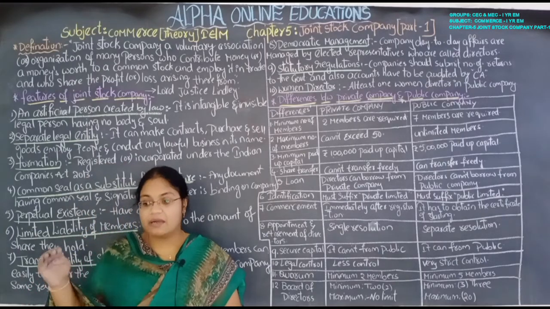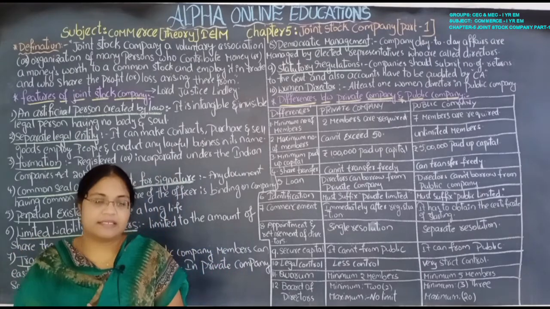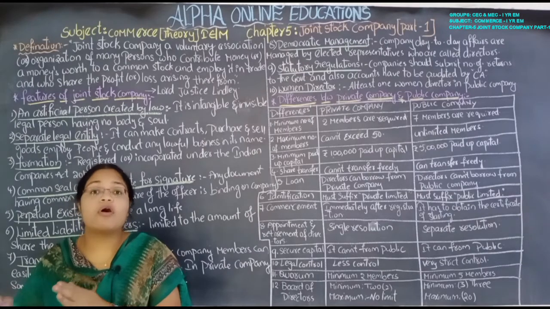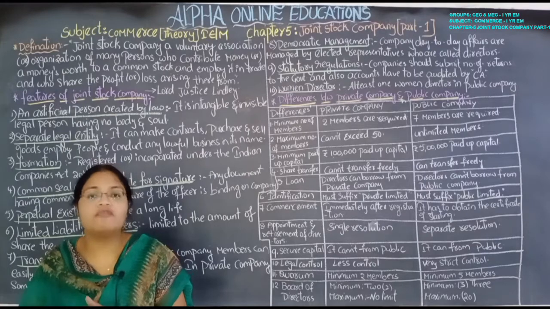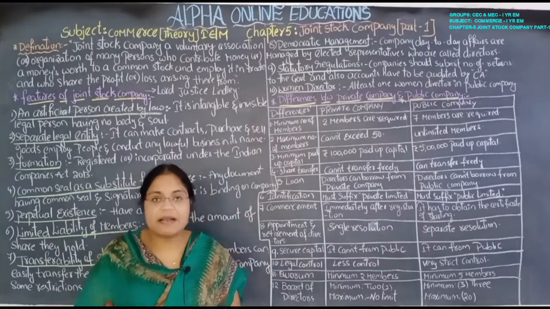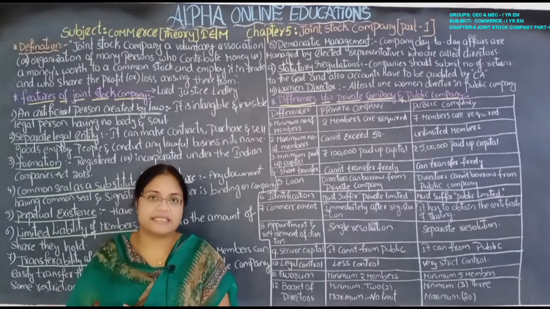That management is known as directors, or the board of directors. Owner means he will bring the capital. Board of directors means they will manage the business.